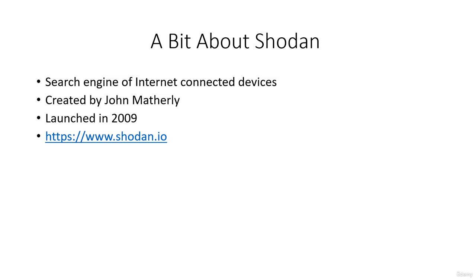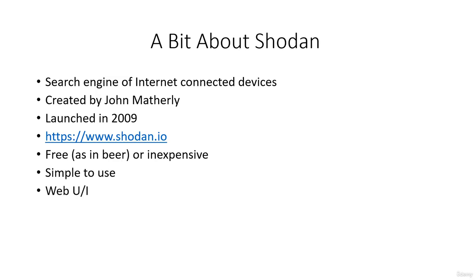A good thing about Shodan is that it is free, or I think very inexpensive, and the best thing is that it is very simple to use. It has a web UI and it also has command line tools.